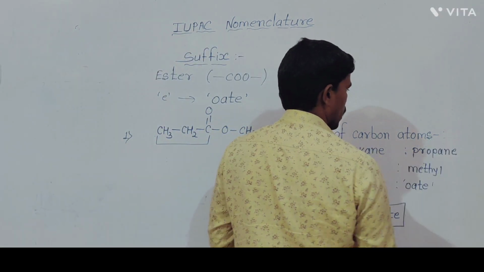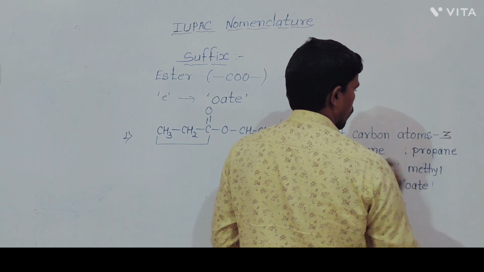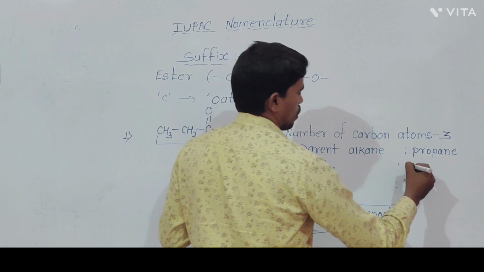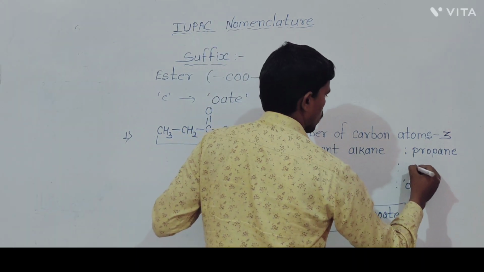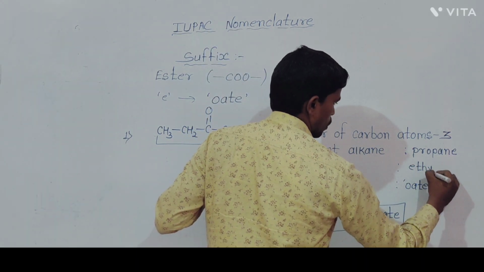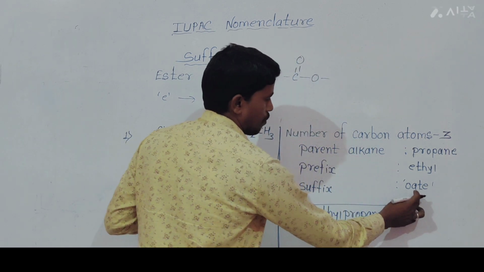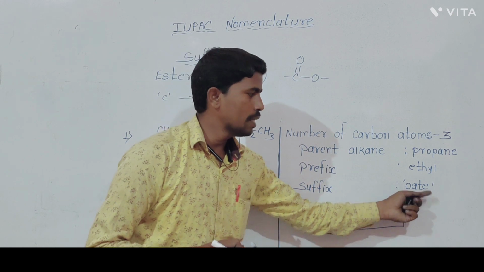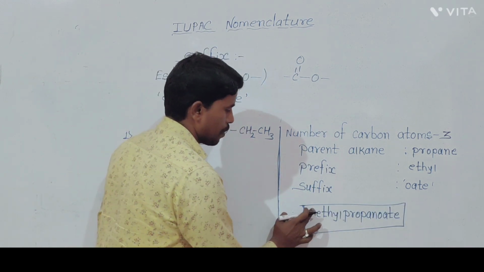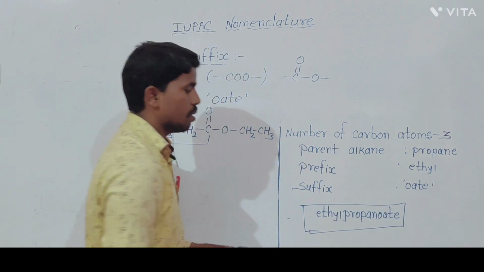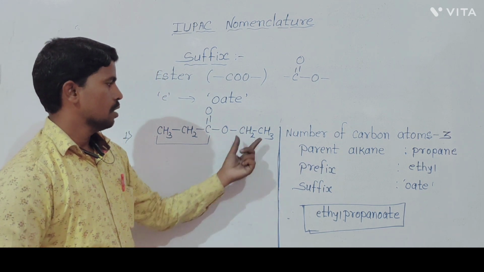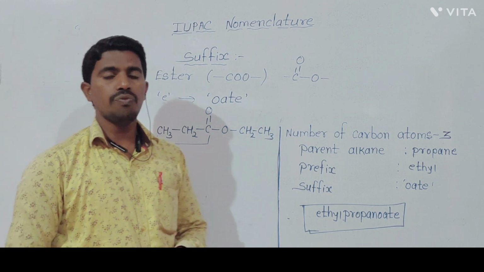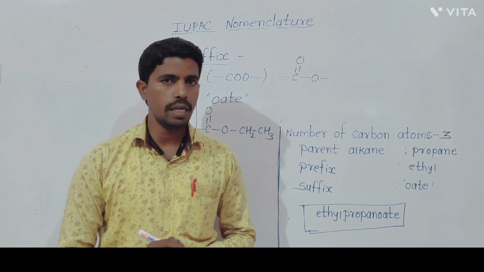For 3 carbon atoms, the parent alkane is propane, and the suffix used for the COO group is OATE, and therefore the name of the given compound becomes ethyl propanoate. Ethyl propanoate. Okay.